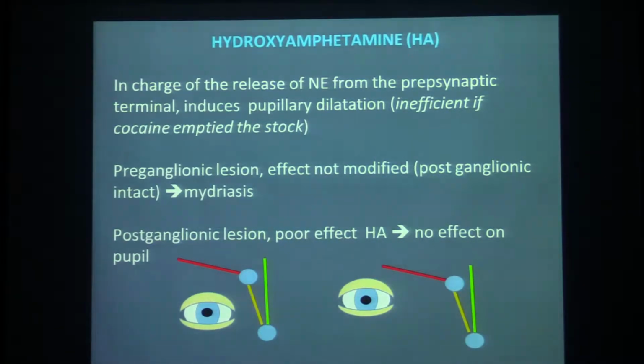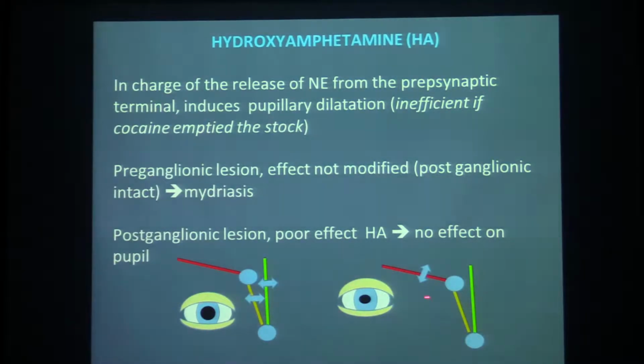And for the hydroxyamphetamine, it's different. It's in charge of the release of the norepinephrine, and so when there is a postganglionic lesion, the effect is very poor because there is no norepinephrine. Though when the lesion is preganglionic, it has a correct effect and it dilates because it releases norepinephrine, which stimulates the dilator.